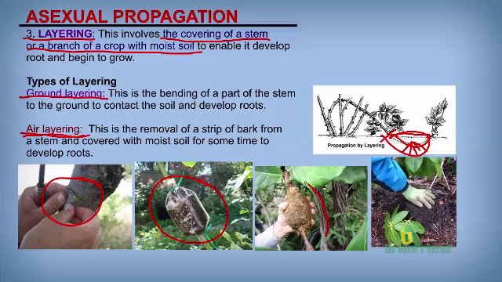At the end of this period of time, that part of the stem would have developed adequate number of roots, and when this happens, it is disconnected from the main plant and planted on the soil to grow as a new crop. Air layering is also known as marcotting.